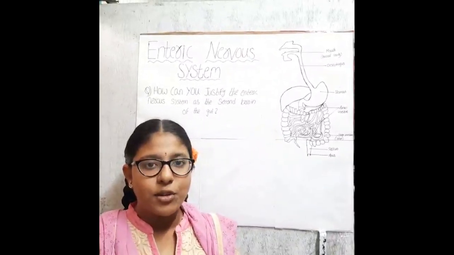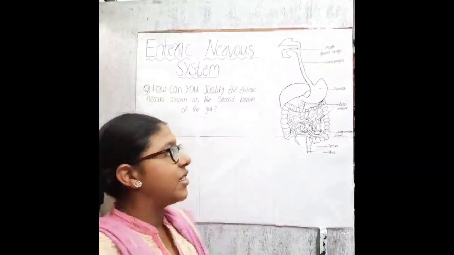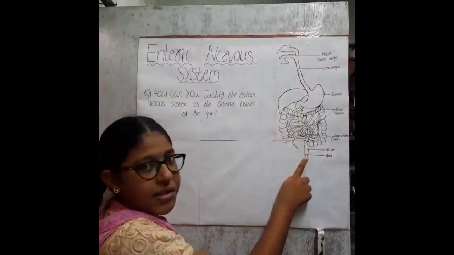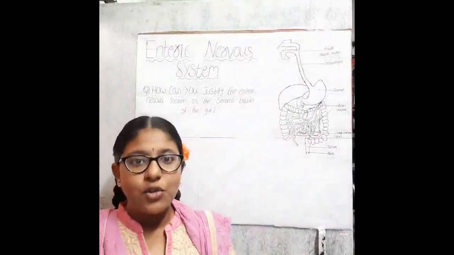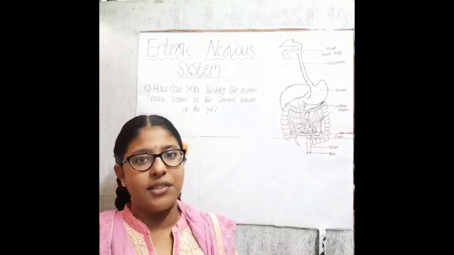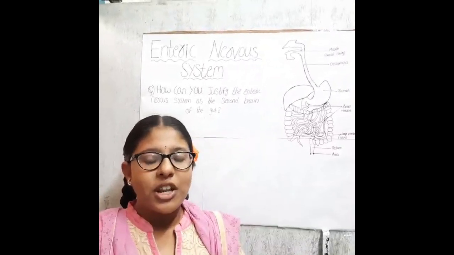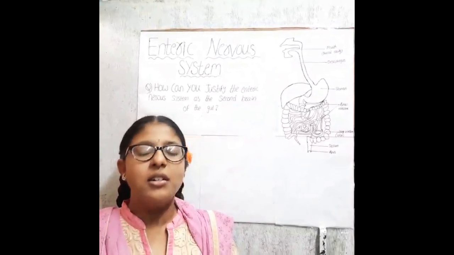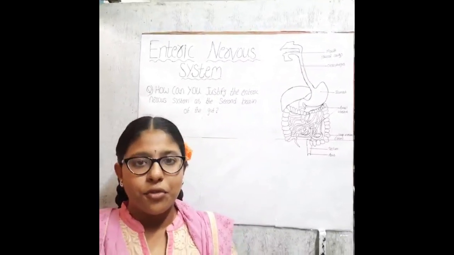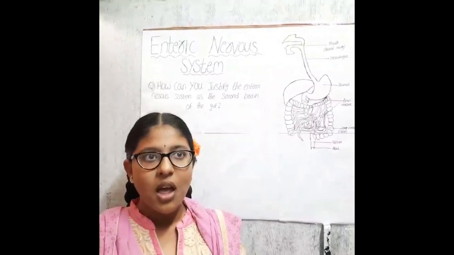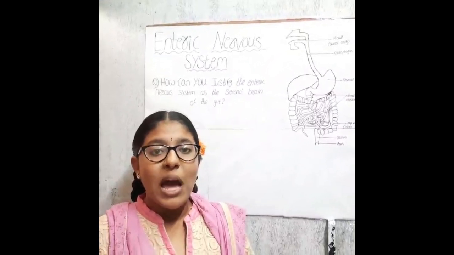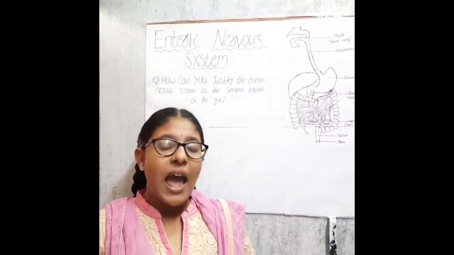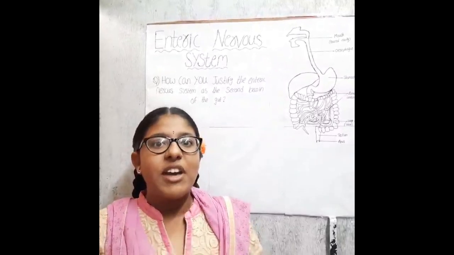The total length from the esophagus to the anus is about 9 meters. The neurons help in stimulating and coordinating the breakdown of food, absorbing the nutrition and expelling the waste.